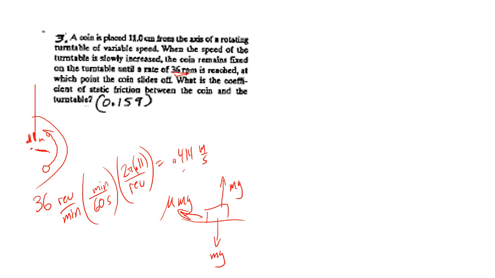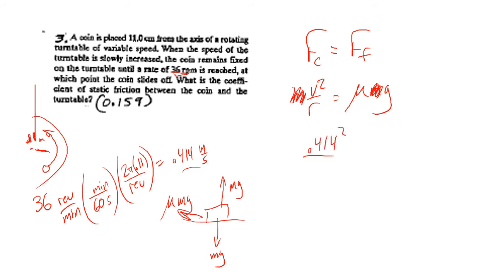So that's its speed, so we know that the Fc is going to equal Ff, right? So Fc is mv squared over r, which is going to equal mu mg. Cross out the m's because they go away. v squared is 0.414 squared divided by r, which is 0.11, and that's going to equal mu, which is what we're solving for, times 9.8.